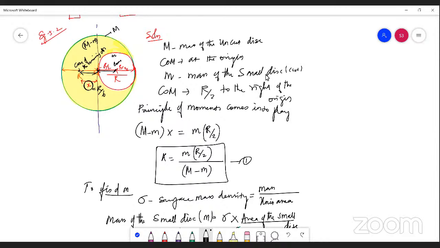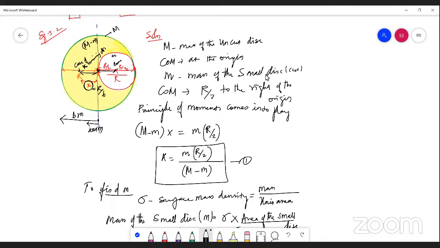If the radius is capital R, the center of mass of the disk which is cut is 1/6 of the radius. So I can say if this radius is, let me say 6 meter, then x will be equal to 1 meter. That's the idea. To the left of the origin, that is important.